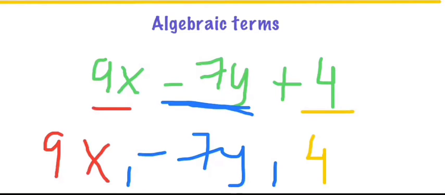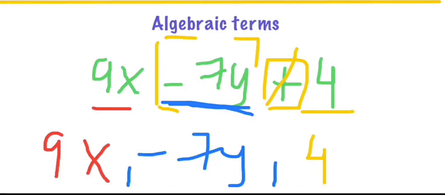Like over here, this is a minus sign, so I have included that. If I talk about 4, the 4 is joined with plus, so I just have to remove this plus sign, and I don't have to remove this multiplication sign, but from here that minus sign is starting, and over here it is ending, and it is joining with plus.